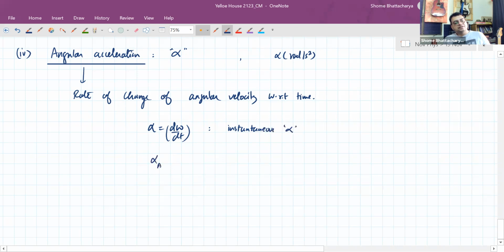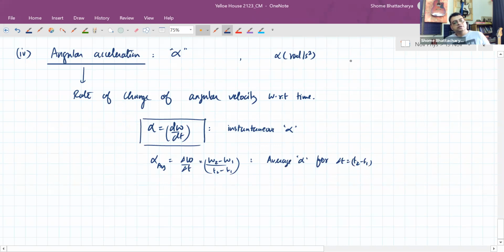Or average angular acceleration can also be defined as the average rate of change. But more important is this definition for us. And you can see that the sign convention is once again that anti-clockwise is positive, clockwise is negative.